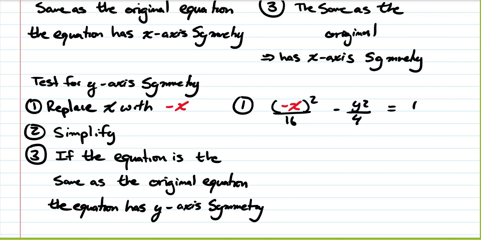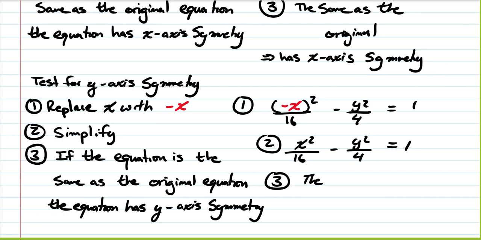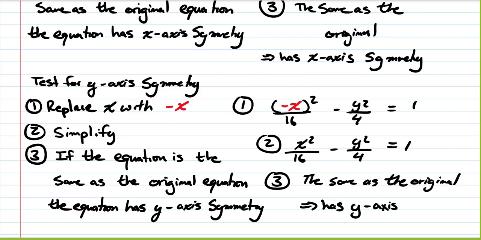And now we simplify. So negative x times negative x is going to be positive x squared over 16 minus y squared over 4 is equal to 1. And then once again, this is the same as the original. So it has y-axis symmetry.